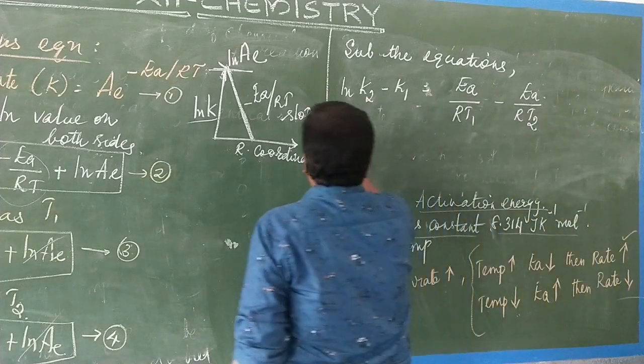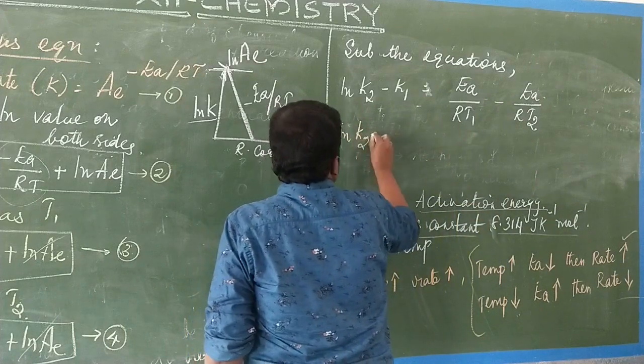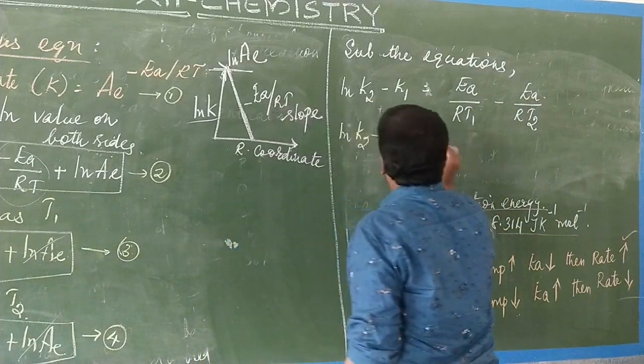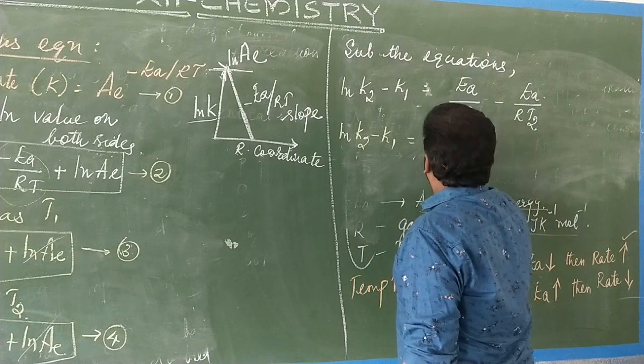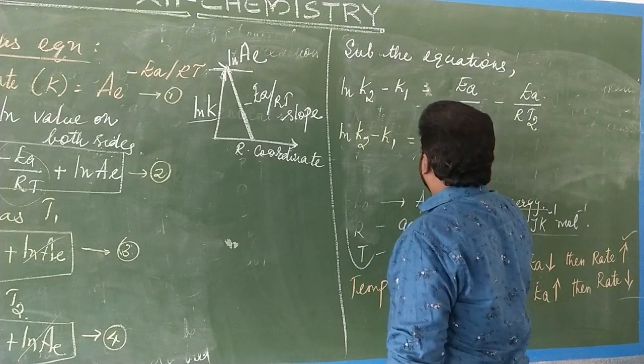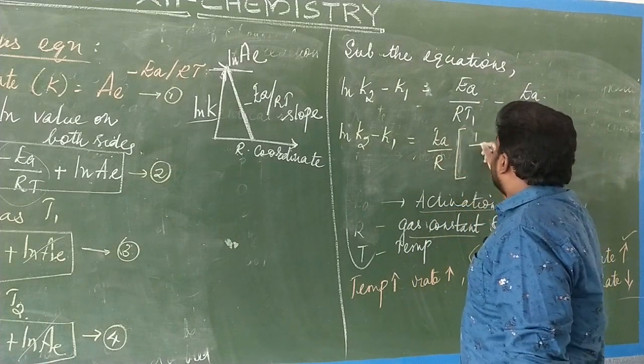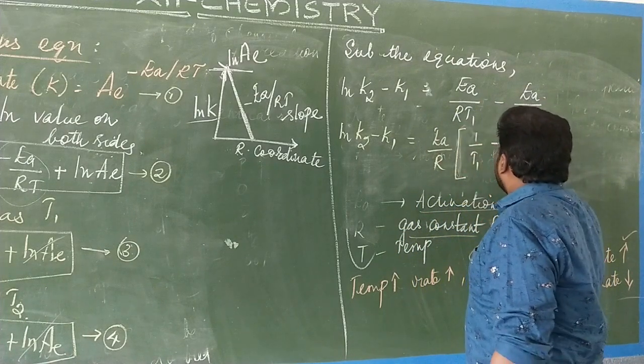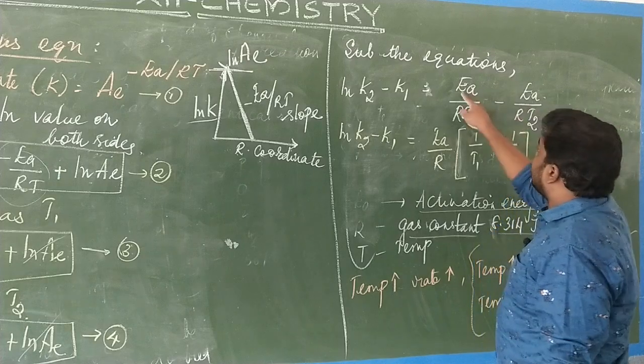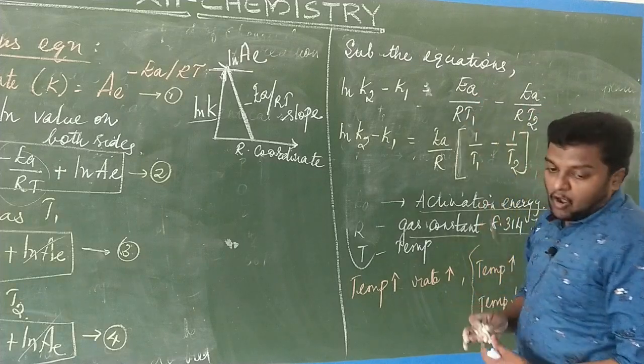Next step, ln of K2 minus K1 will be equal to, what can we take as common? EA by R. I am taking it as common. Now what is the balance? 1 divided by T1 minus 1 divided by T2, because I am taking EA by R as common.